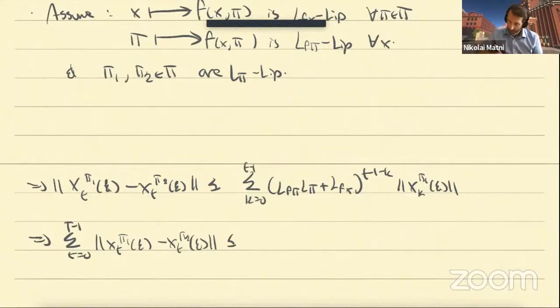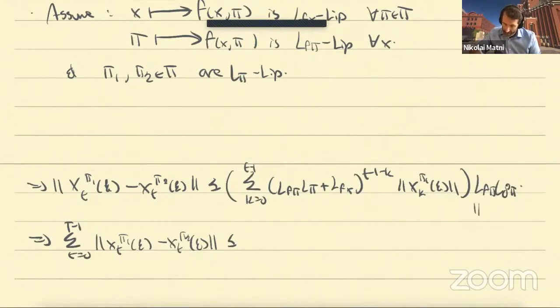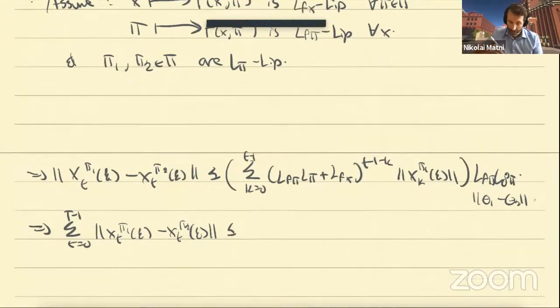wait, I'm sorry, I messed that up. On the outside of this, you also have L_F pi L delta square pi times theta 1 minus theta 2. So it's a combination of just rolling up the dynamics and also applying the bound that pi is Lipschitz in theta 1 and theta 2.